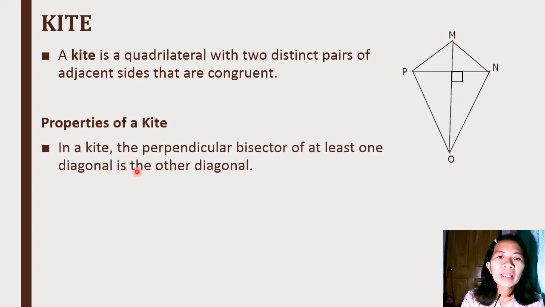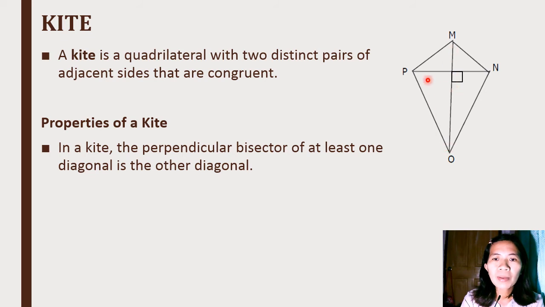In a kite, the perpendicular bisector of at least one diagonal is the other diagonal. If we notice, we have diagonals segment MO and segment NP, and they are perpendicular, meaning they meet at 90 degrees.